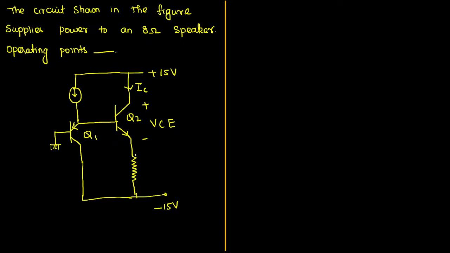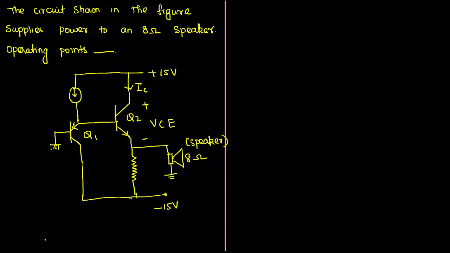Then where is the speaker? They told that the speaker is connected at this point, connected with the ground. Its internal resistance is 8 ohm. This is called the speaker.